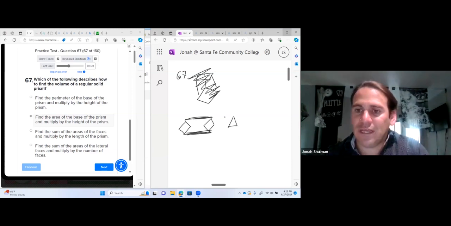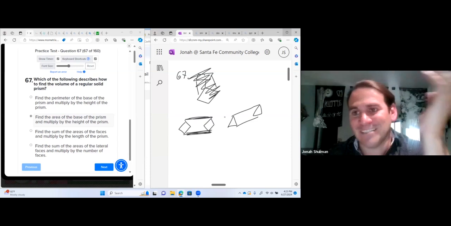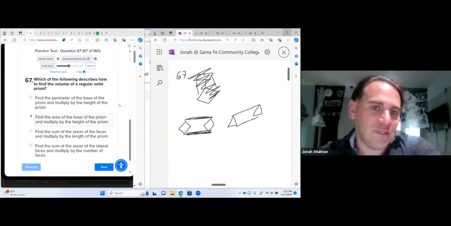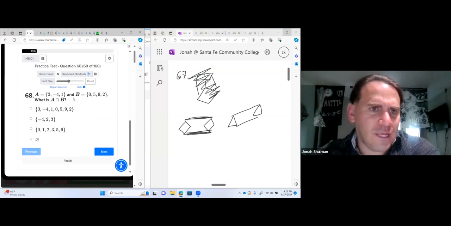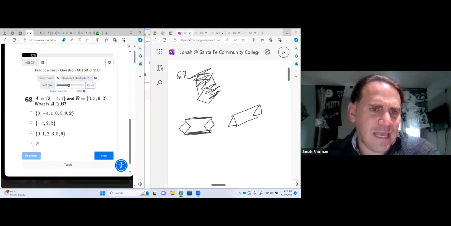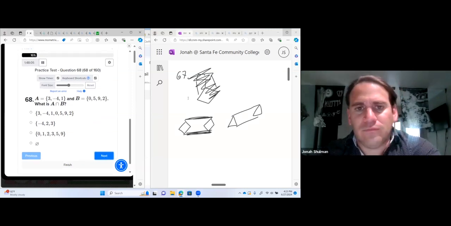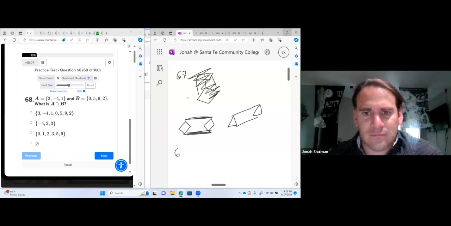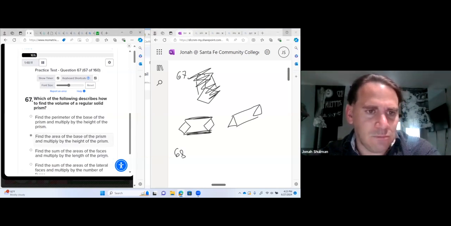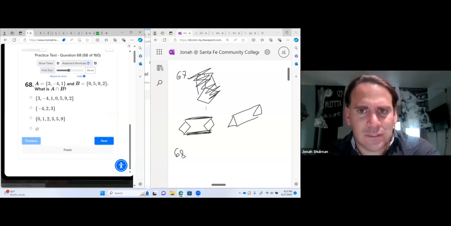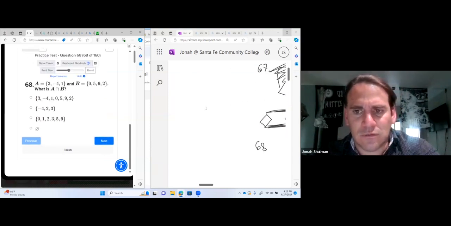Doesn't matter if it's a triangular prism. It just means you have rectangles around the sides. That's all it means. And that's how you do it. Okay, so what is A and B? So for 68, oh, sorry. What was the answer to this one? It was B. 67 was B.